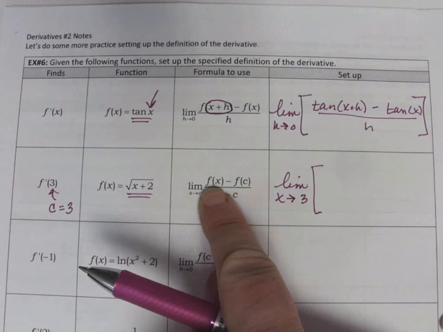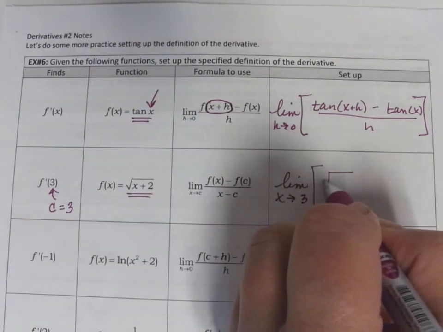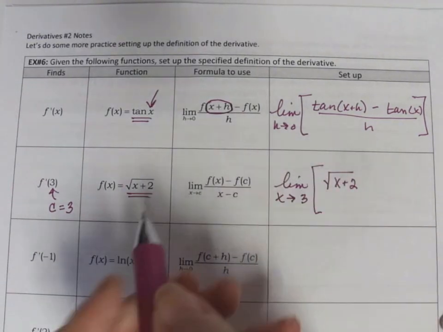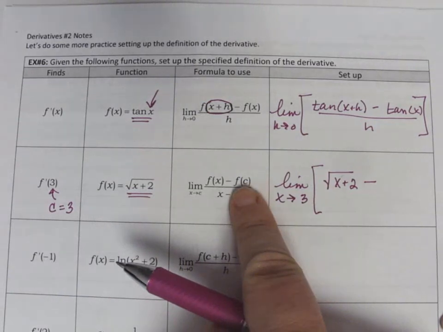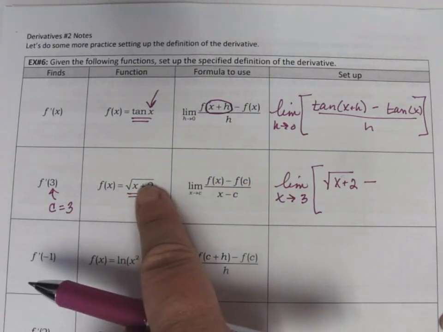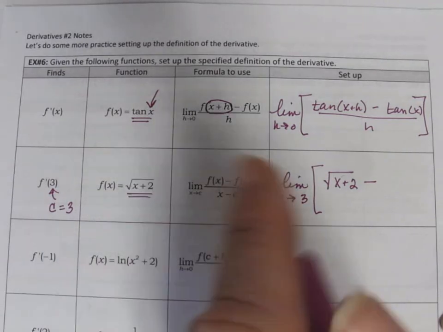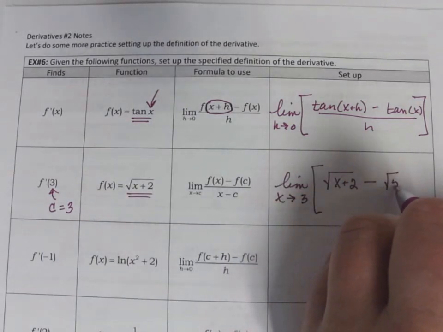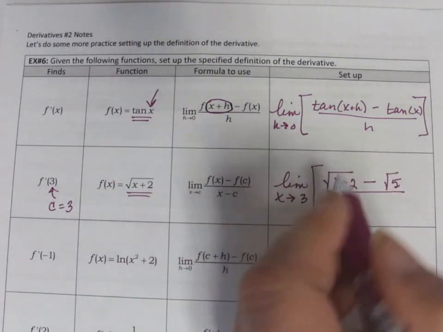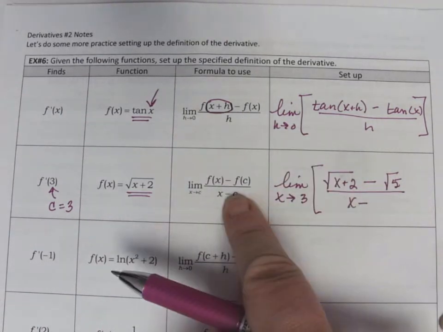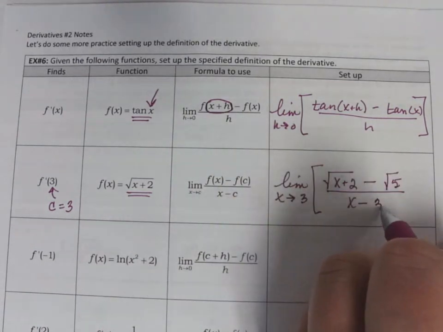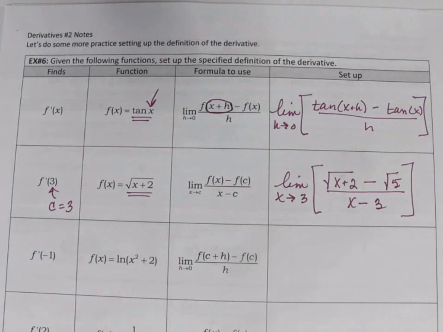Then it's going to be f of x, which is the function as is, square root of x plus 2, minus f of c, which is the function with our x value plugged in. So if I plug in 3, I get square root of 5 over x minus our x value, which was 3. Okay, so there would be our setup.